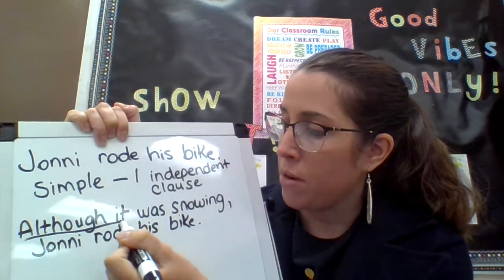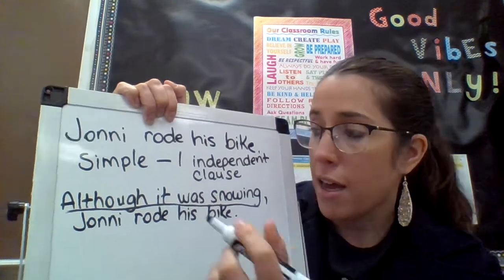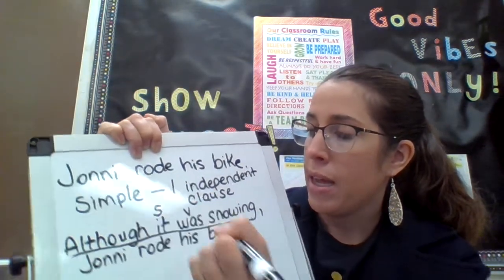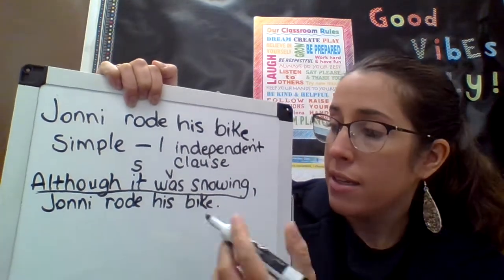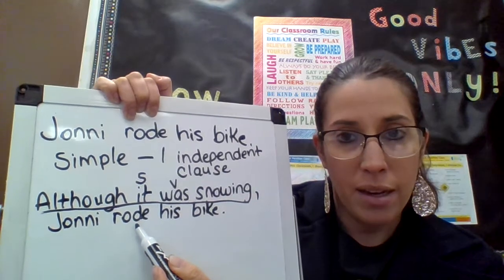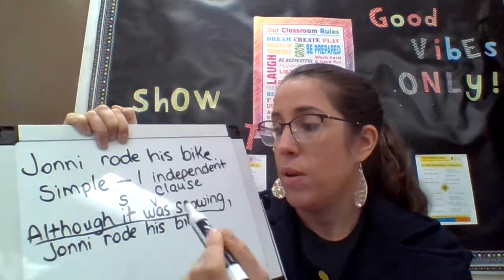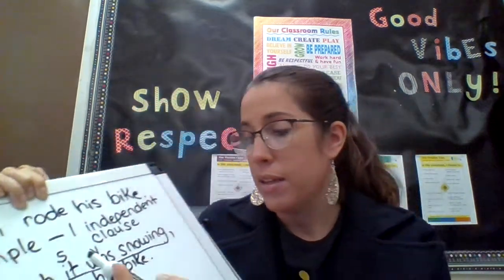Although it was snowing is a dependent clause because it has a subject and a verb. If you add a dependent clause to an independent clause, we have a complex sentence. So a dependent clause and an independent clause is complex.